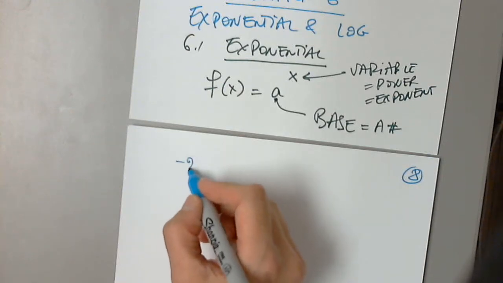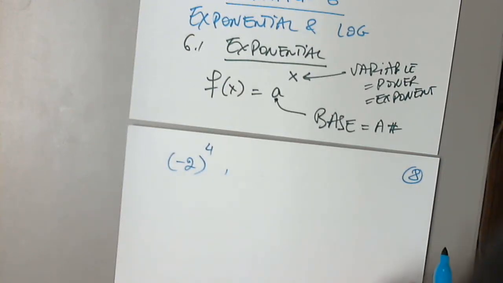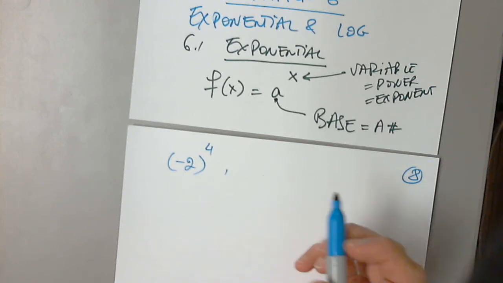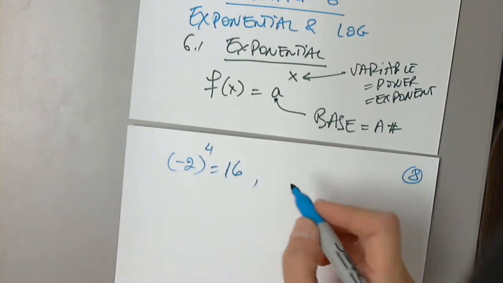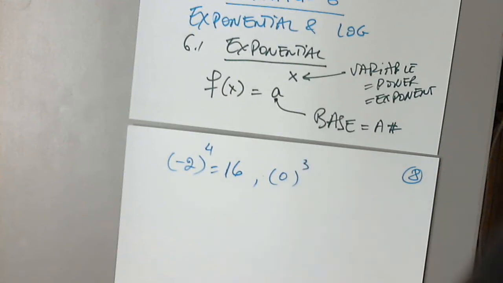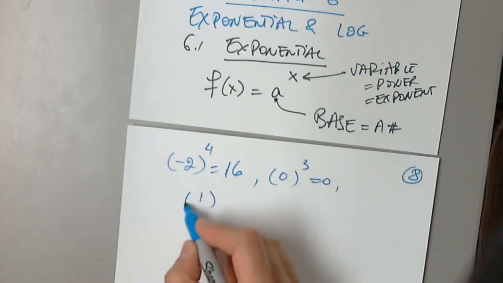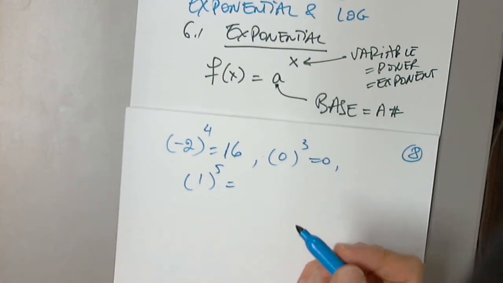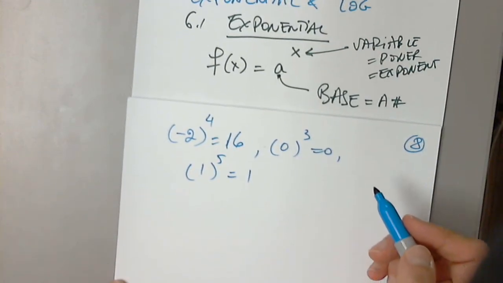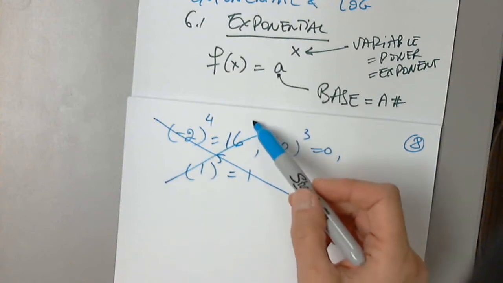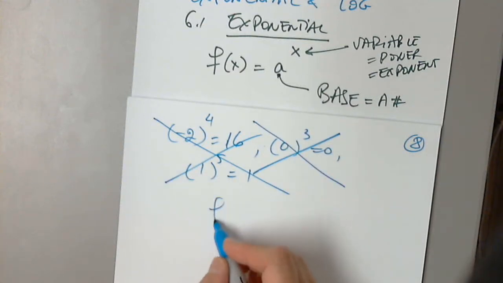Can I raise -2 to the 4th power? Yes, I get 16. Can I raise 0 to the 3rd power? Yes, I get 0. Can I raise 1 to the 5th power? Yes, I get 1. However, these situations are not allowed in the exponential function.